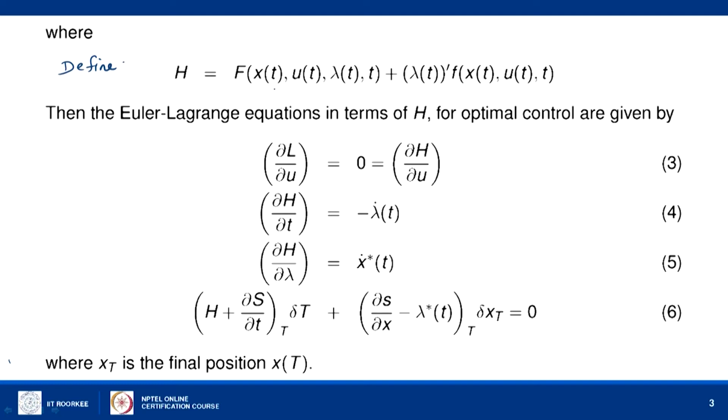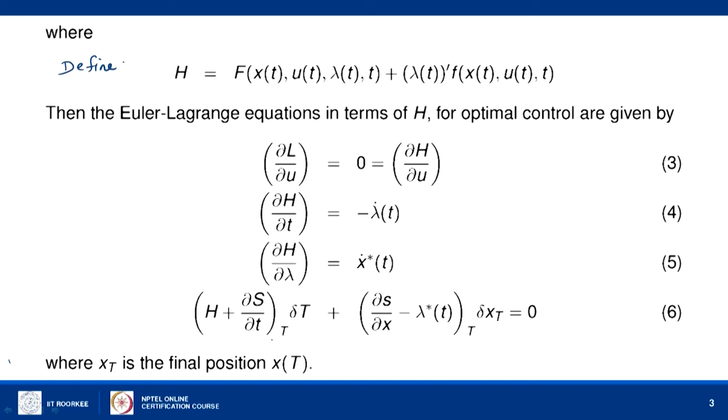H is equal to capital F plus lambda transpose into small f, where lambda is the vector lambda 1, lambda 2, lambda n, and lambda transpose is the row vector and f is the column vector given in the equation 1. Then the Euler-Lagrange equation to be solved for finding optimal control is given by these equations 3, 4, 5 and 6, where 6 is the boundary conditions.